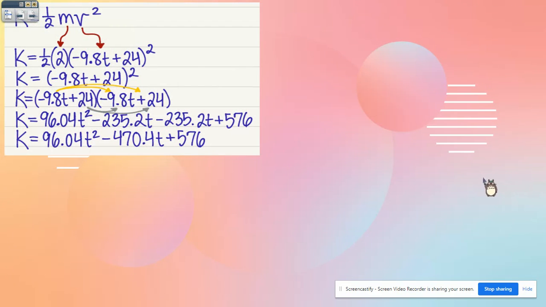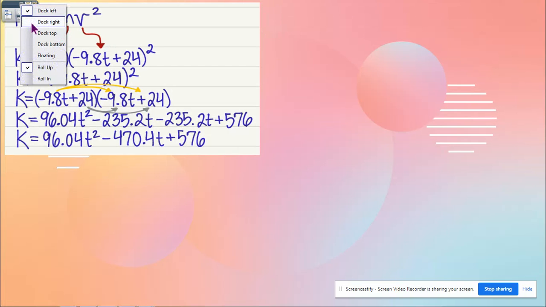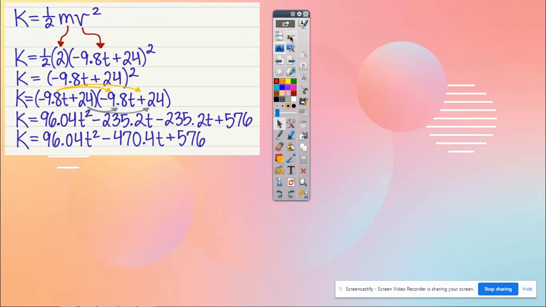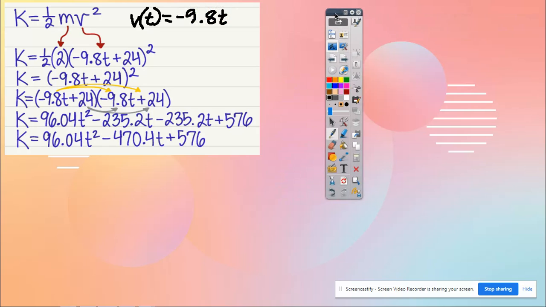First, I know I'm blocking it, but that says K equals, remember K means kinetic energy, 1/2 mass times velocity squared. So I'm actually going to move this one right here. I just want to make sure that you understood that from the word problem, I had that velocity as a function of time was equal to negative 9.8 t plus 24.